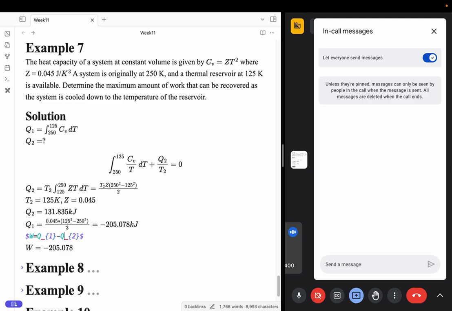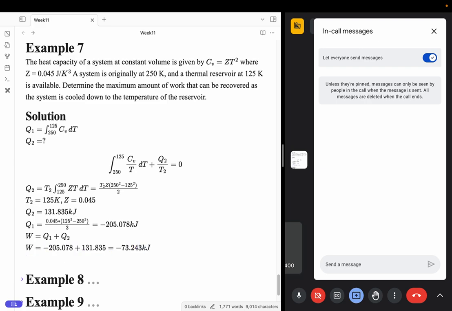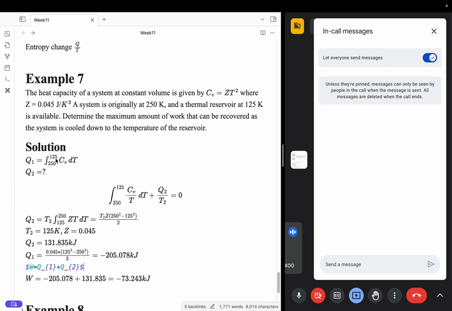Okay, the notation is already taken care of, so I'll just write it this way. I think I messed up with the notation somewhere. So the Q1 that we have defined here, from 250 to 125, is the heat rejection from the system.